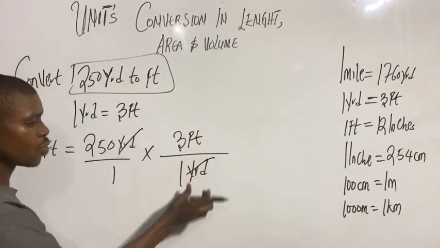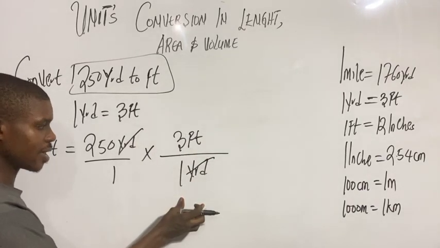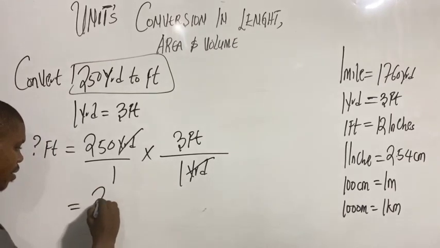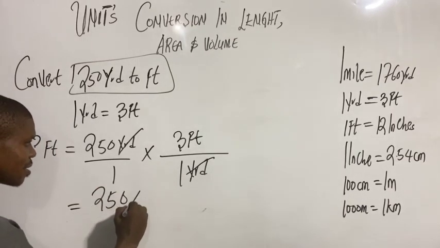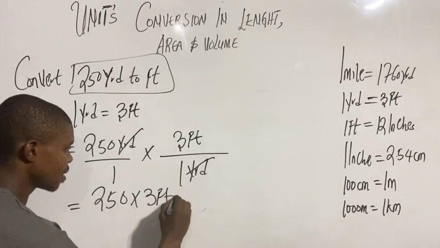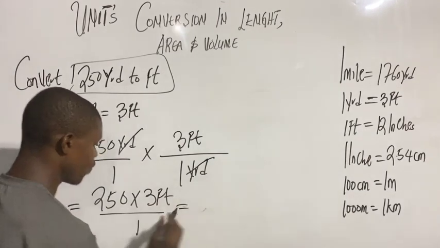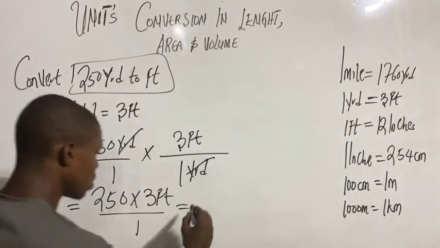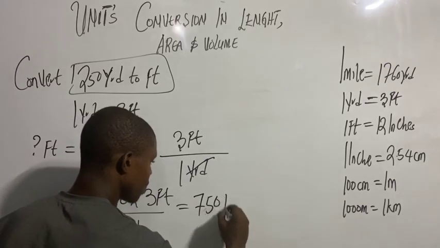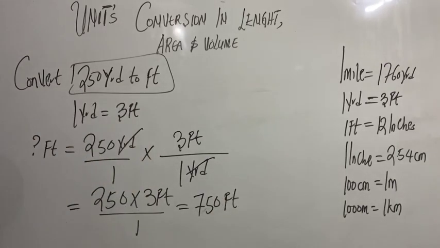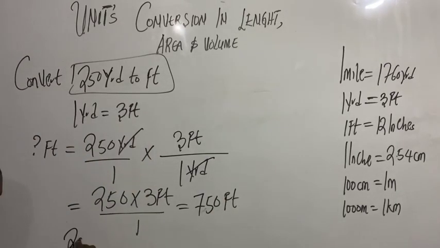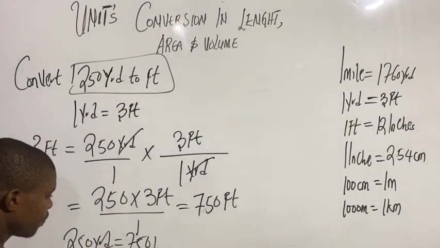There's no way 3 feet can go to the bottom because you cannot cancel. Do you understand? So that's going to be 250 times 3 feet over 1. If you multiply it, here we have 750 feet. It means that for every 250 yard, I have 750 feet.